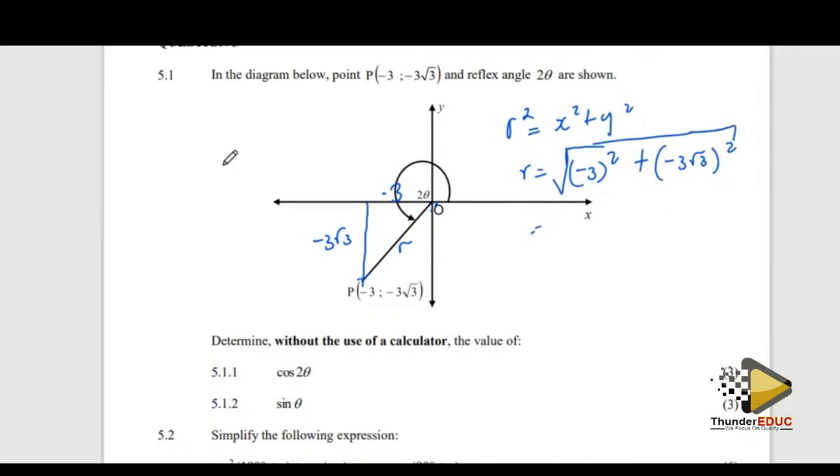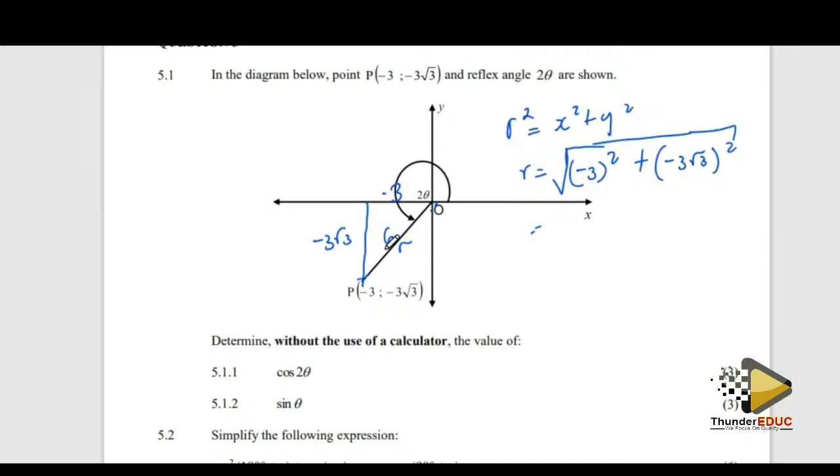Now punch that. We have (-3) squared plus (-3√3) squared. That's giving me a 6. So remember, this answer of yours should never be negative in any way.